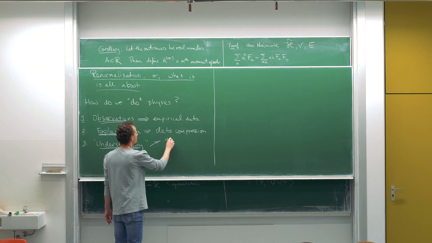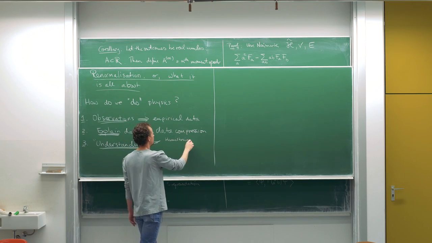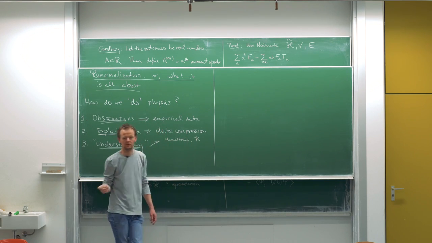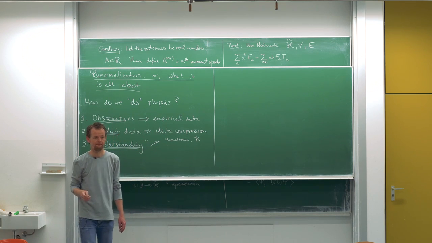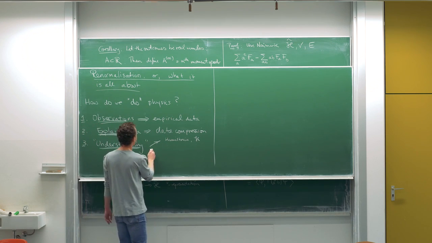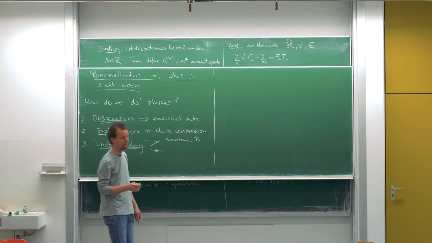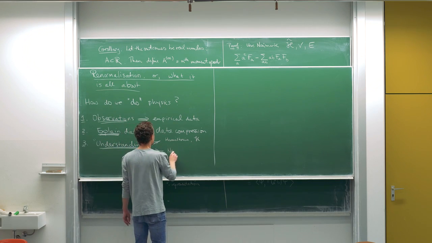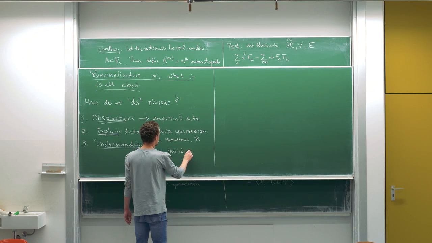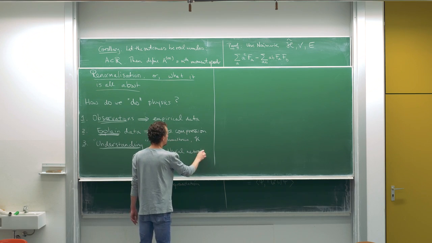So you might say you've understood the data if you can assign some Hamiltonian plus Hilbert space to that data. You might say that you've understood the data if you can find some neural network that can reproduce it. You know, you do some kind of machine learning.